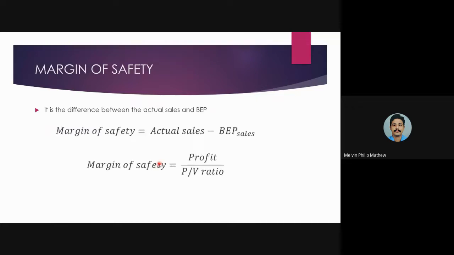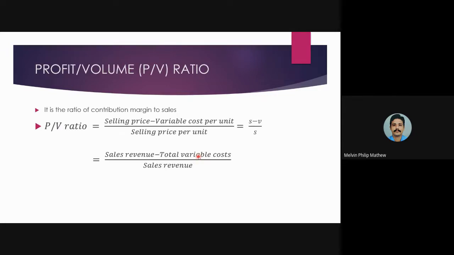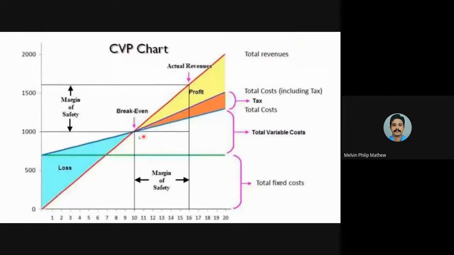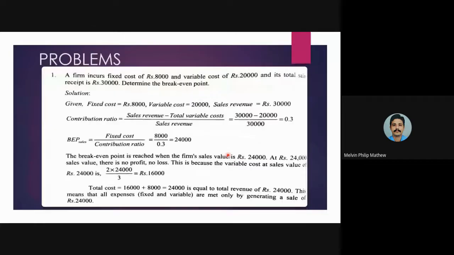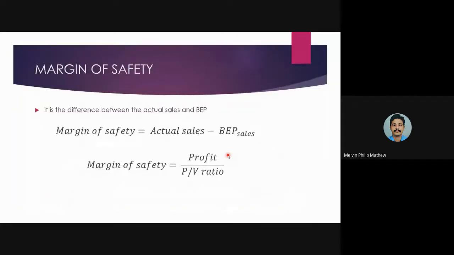Here is the BEP, and this is the actual sales. The actual sales minus the BEP point is the margin of safety. So these are the equations that we are going to use for the problems.